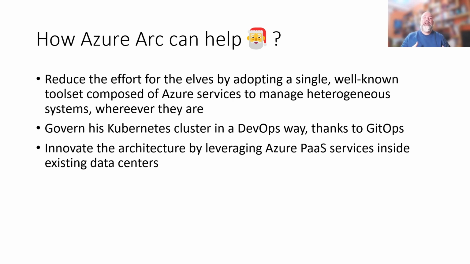Then he can govern his Kubernetes clusters in a DevOps way, thanks to GitOps. And finally, he can innovate his existing architecture by leveraging Azure PaaS without introducing too many changes to the current architecture. Well, I think that is a good deal for him to adopt Azure Arc, since we also have seen a couple of seconds ago that this service is also quite cheap.